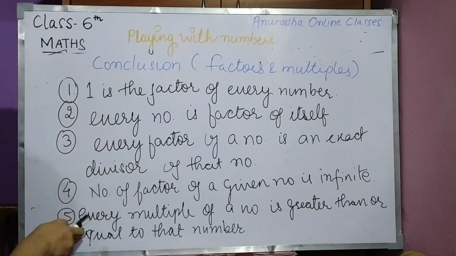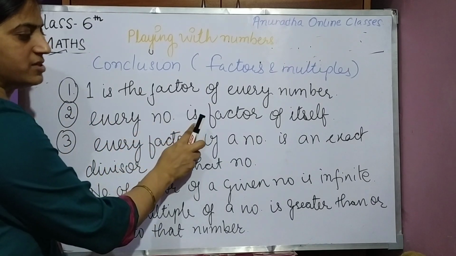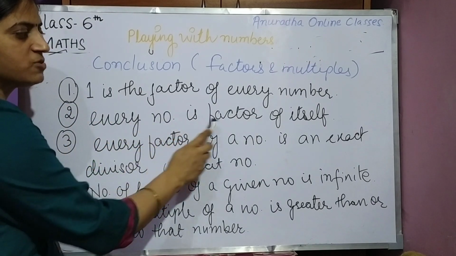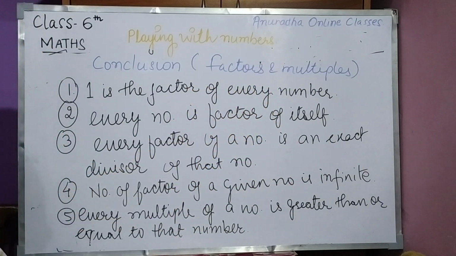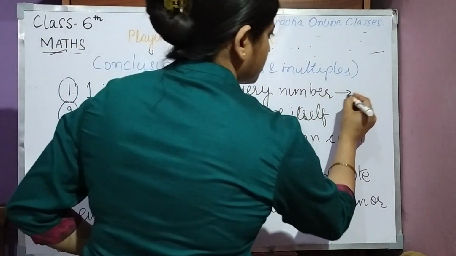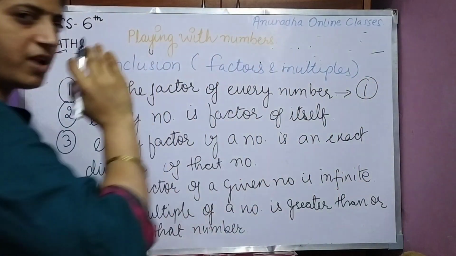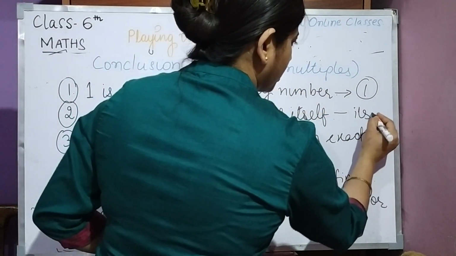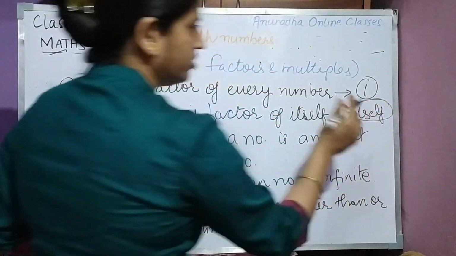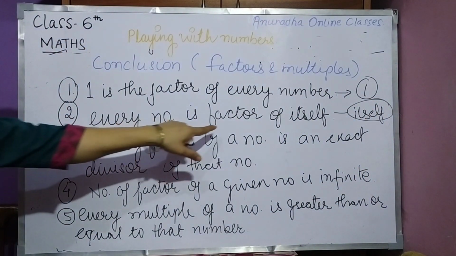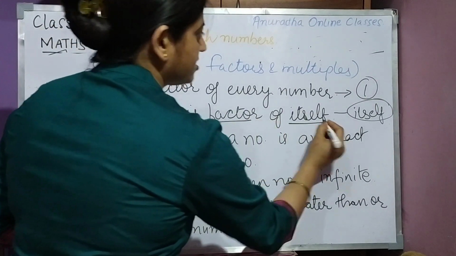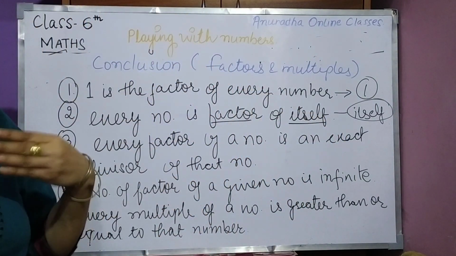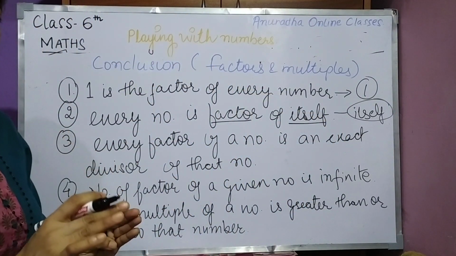Second, every number is a factor of itself. Is it clear? First is 1 is the factor of every number. Then second is itself. Every number is a factor of itself. हर एक नंबर अपने खुद का फैक्टर होगा.